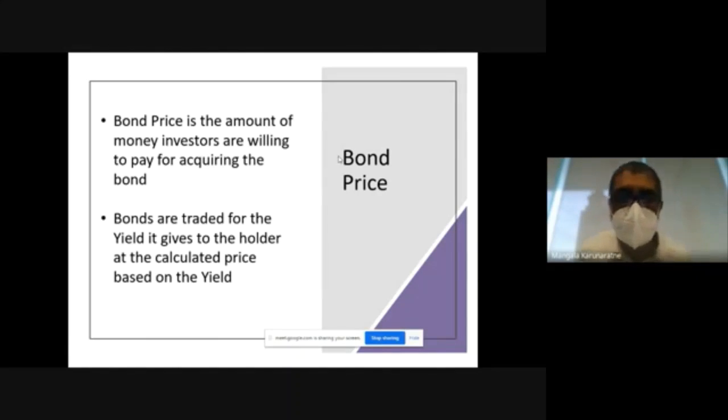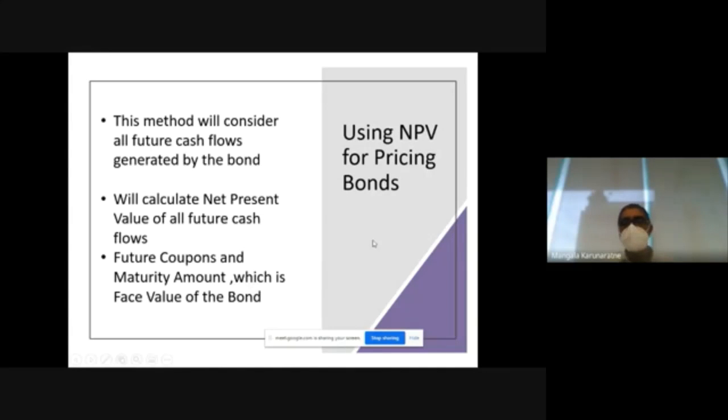So this price is used to conclude the trade, right? Our exercise now is the calculation of the bond price. We have been building up from the accrued interest and the coupon interest. Now we have come to the price calculation. As I said earlier, we are using NPV for pricing of bonds.